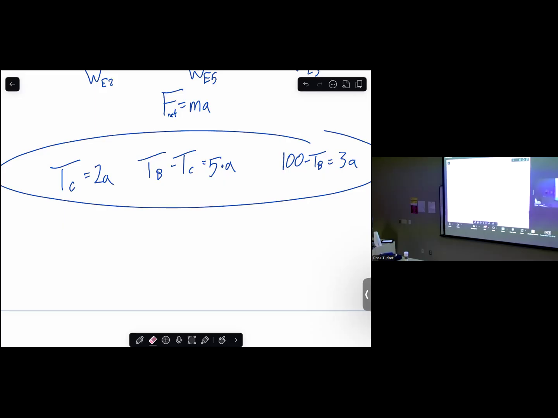If your algebra is weak, take it step by step. You must do the same thing to both sides in algebra for every single step. Again, the hint is solve equations that have one tension in them for the tension, then plug into the middle equation. I think is the smoothest way to do this.